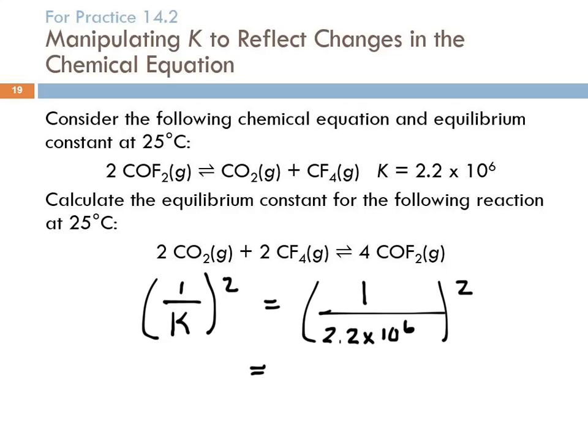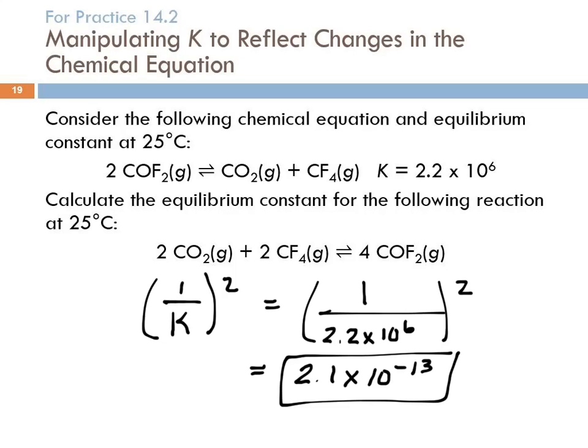This is just how I chose to do it. On my calculator, doing 2.2 EE6, I'm pressing the invert button and then the square button, and I'm getting, we'll stay with 2 sig figs, 2.1 times 10 to the minus 13 is the equilibrium constant for this reaction.